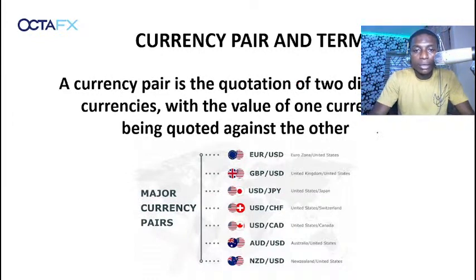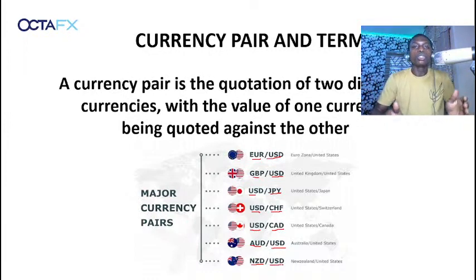So as you can see here, we have euro being quoted against the USD, the pound being quoted against the USD, the dollar being quoted against the yen, the dollar against the Swiss franc, the dollar against the Canadian dollar, the Australian dollar against the United States dollar, then the New Zealand dollar being quoted against the US dollar.